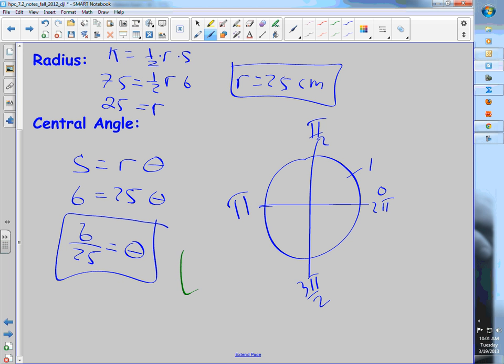If you pull a ruler out and you're measuring, this is 1 inch, 2 inch, 3 inch, 4 inch, you could put pi inches right here. Nobody does, but it's there. Just like we get so used to seeing pi in our radians, it's okay if there isn't one. We know it's radians because there's no degrees.